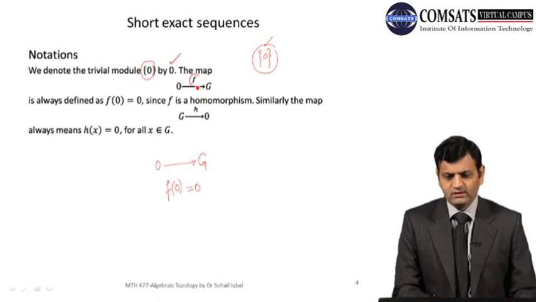f is an R module homomorphism, so that's why it must take identity to the identity of G. It's a little exercise for you.